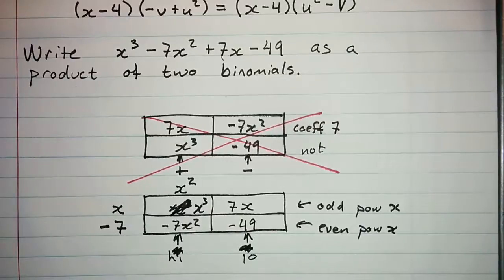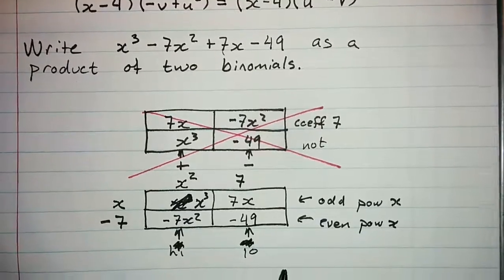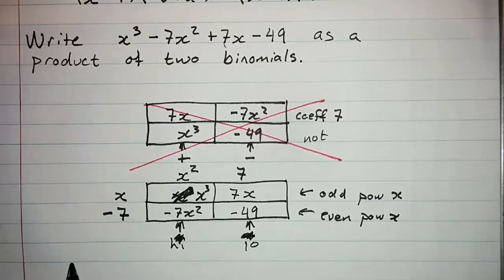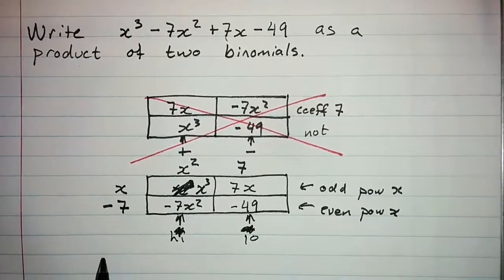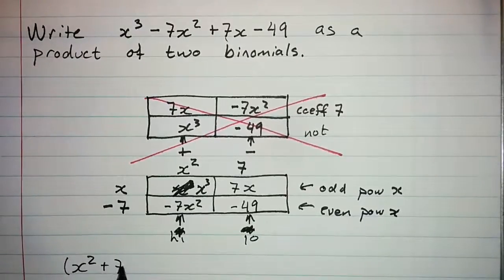And yes, x squared times negative 7 is negative 7x squared. X times what is 7x? X times 7 is 7x. 7 times negative 7 is negative 49? Yes. So what are my factors? I have x squared plus 7 times x minus 7.